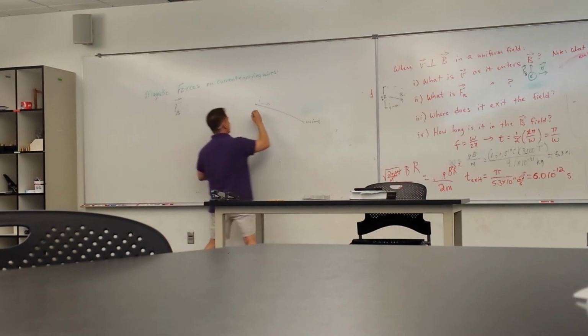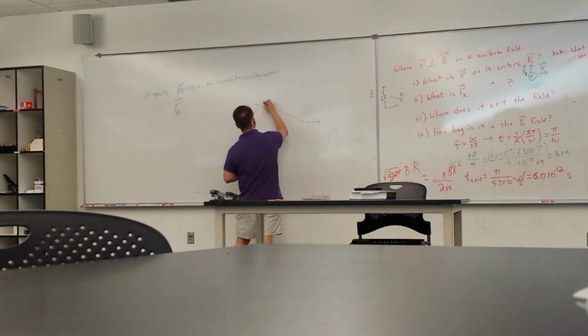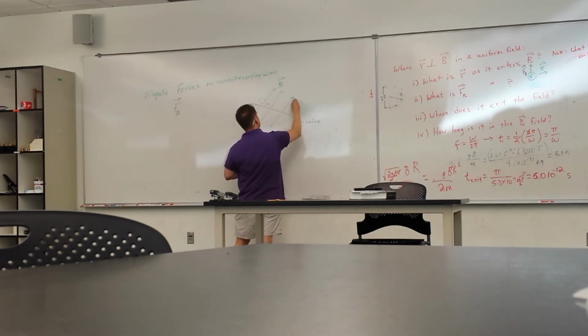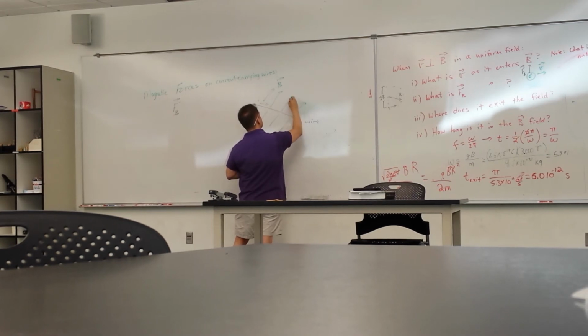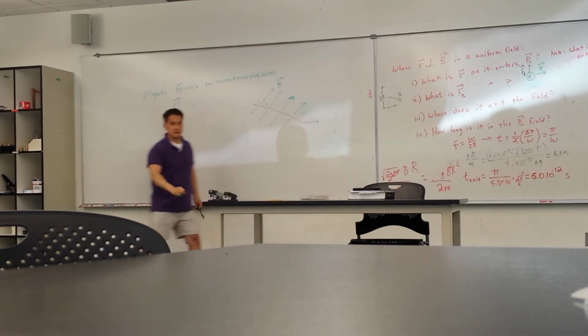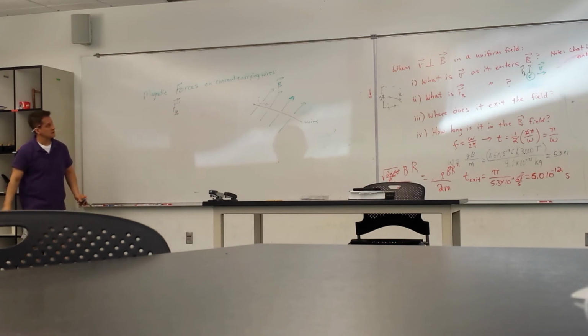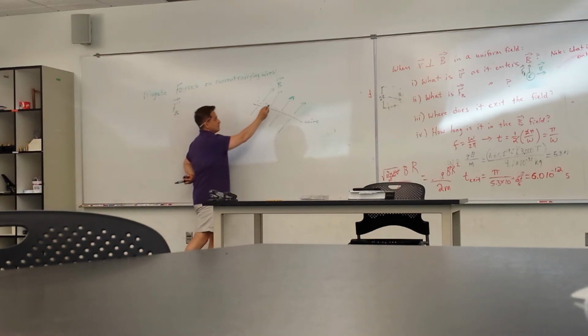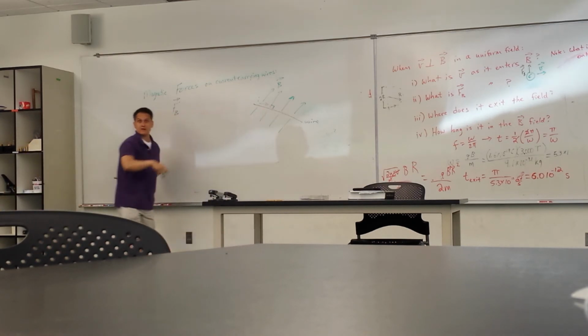And maybe we have a magnetic field, start out with it being constant, something like this. So we've got a 90-degree angle between the B field and the movement of the charge.